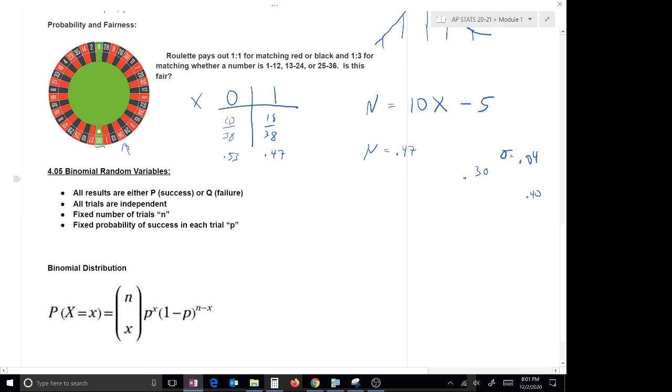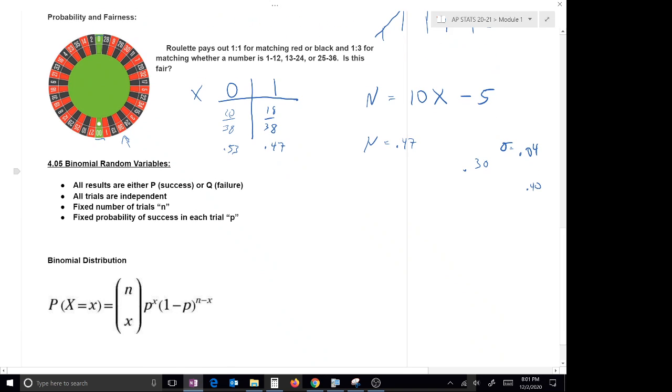That's essentially what we do when we talk about a binomial random variable. Instead of having all these possibilities, we reduce it to either p is success or q is failure. That's the binomial nature. We either win or we lose. All of our trials are independent, so in this case each spin of the roulette wheel is independent.